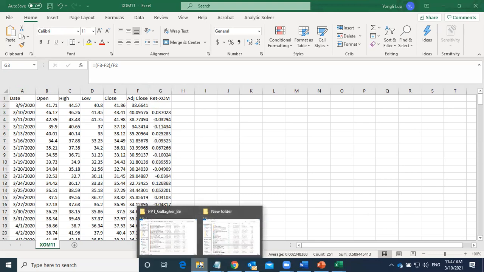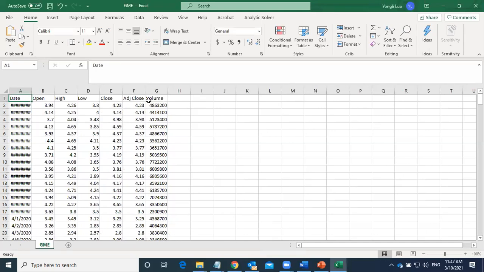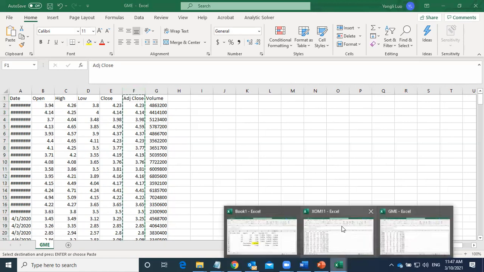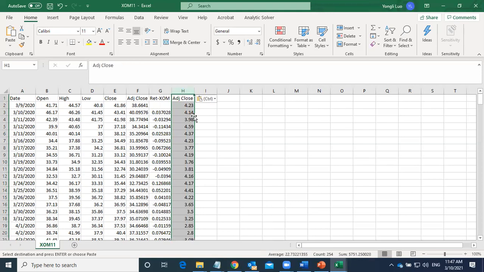Also you can get the return for the S&P 500. I just downloaded this one. Let's say this is the adjusted closing price for the S&P 500. That data might not be right.